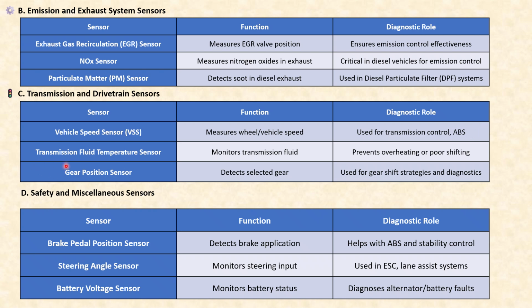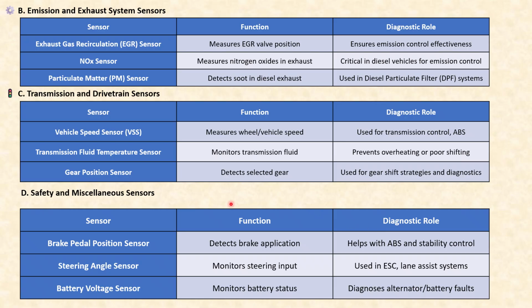Now the transmission fluid temperature sensor monitors transmission fluid and prevents overheating or poor shifting. And the gear position sensor detects the selected gear, used for gear shift strategies and diagnostics. So these three sensors form the three legs of the transmission and drivetrain sensors.